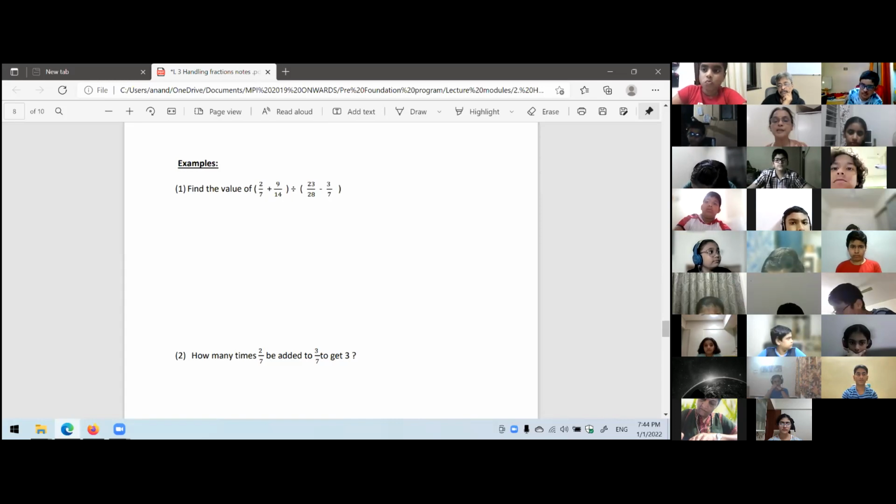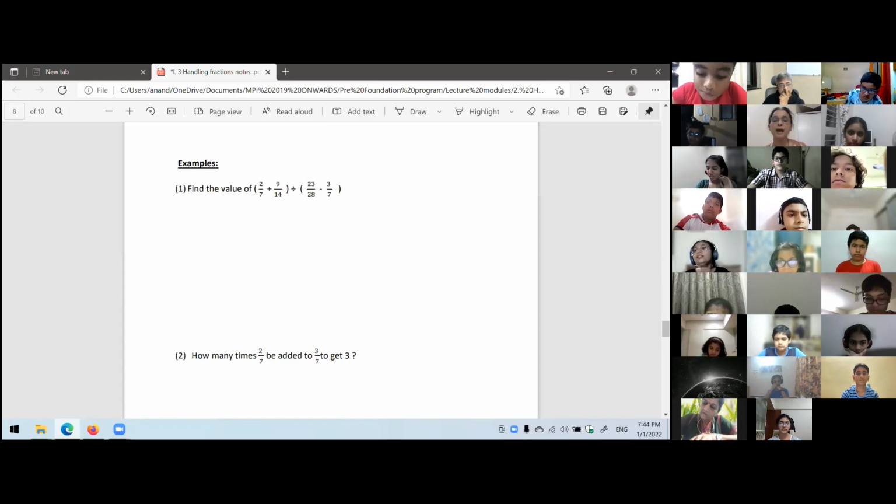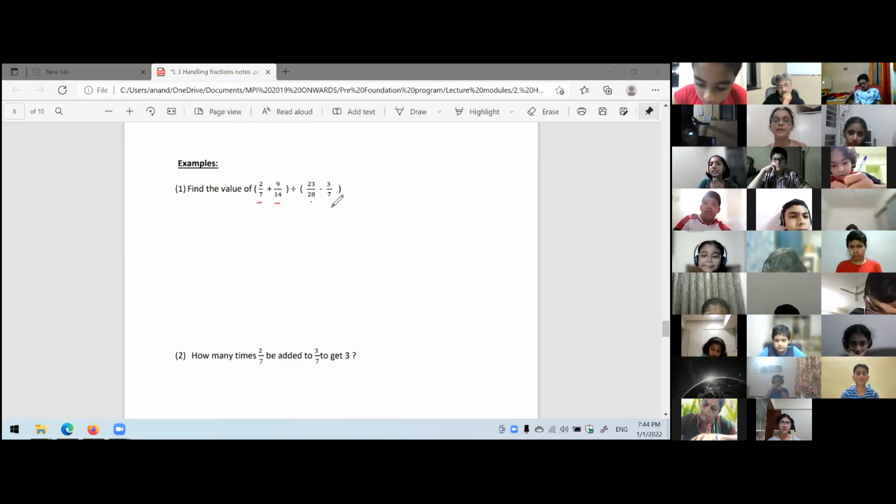So when I want to open the brackets, the quickest way will be if I can take the equivalent fraction of all these. I will be able to add and subtract very quickly. So I can see it is 7, 14, 28, 7. All are multiples of 28.